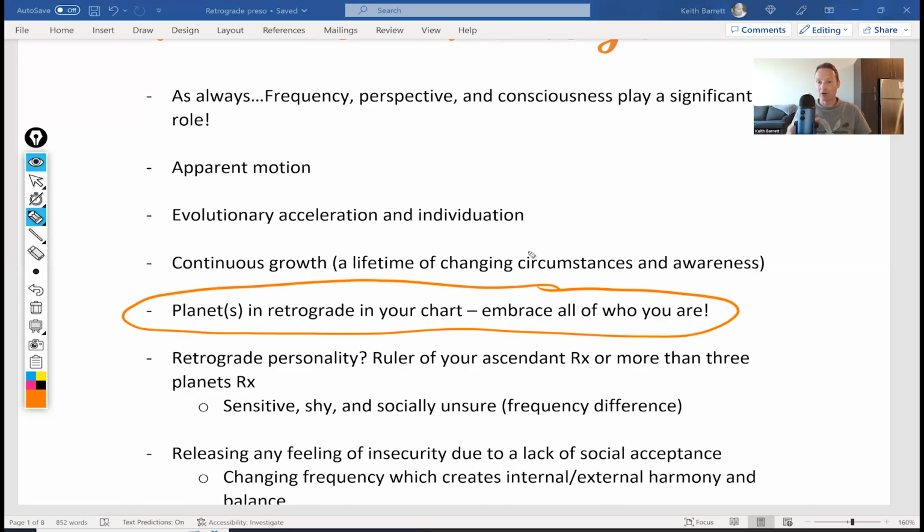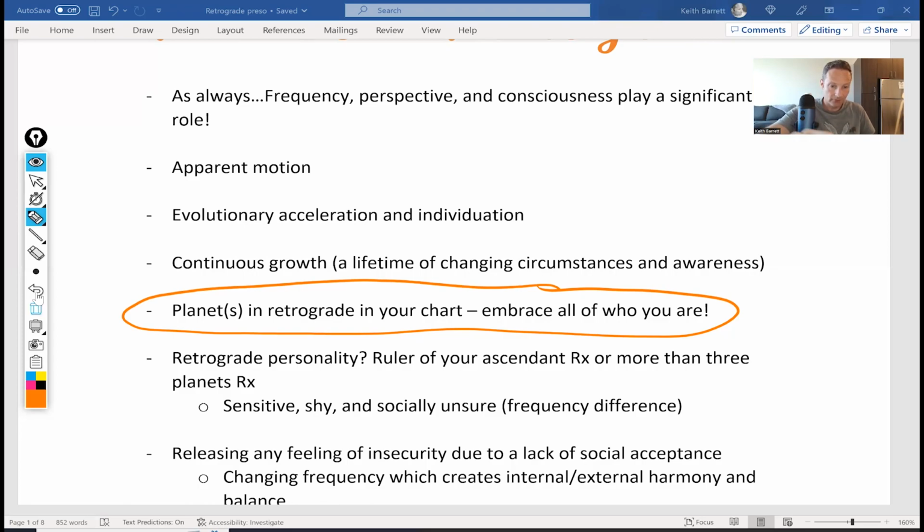So the beliefs are ingrained in us from the past, from things that we've experienced in the past, which shape our belief structures, which get passed on in further generations to say this is how we do things, right? And it's like, well, a retrograde planet is like, I really want to return to who I am, and I want to release myself from any conditioning that is limiting the way I want to express myself. So look at it from that perspective.